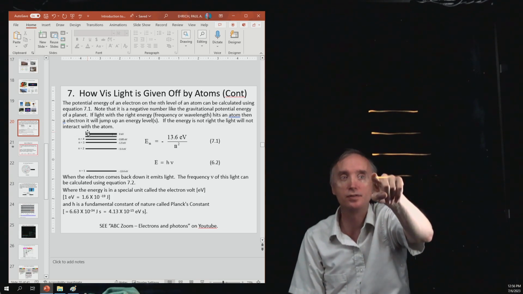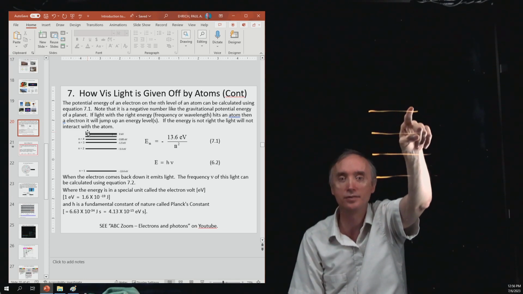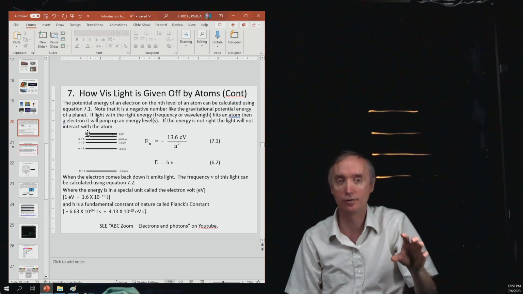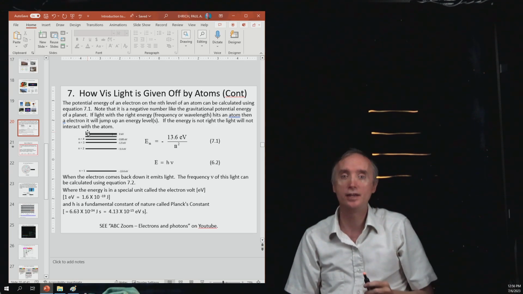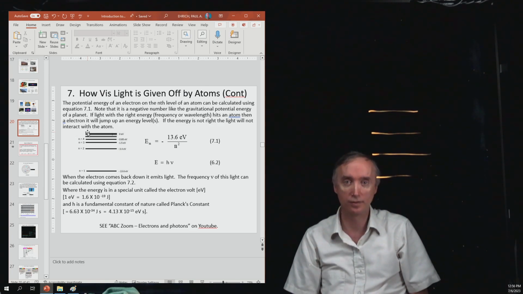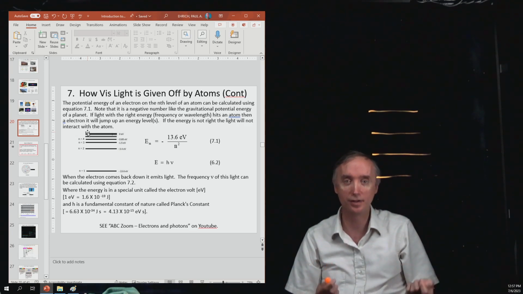That's because the energy levels are not uniformly separated. They have different numbers for their energy levels. The numbers for the energy levels come from a particular formula from quantum mechanics, that top formula there, which you don't need to know for the exam.